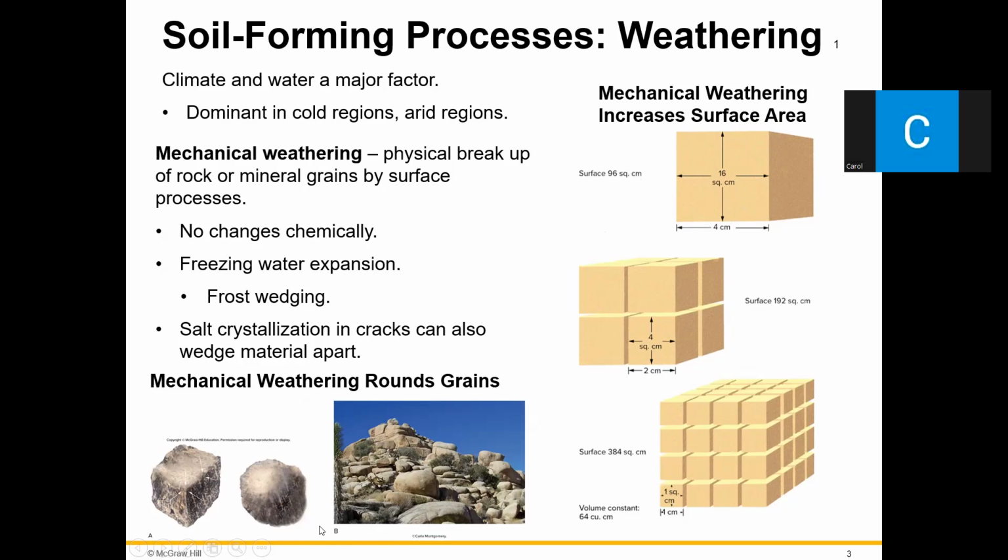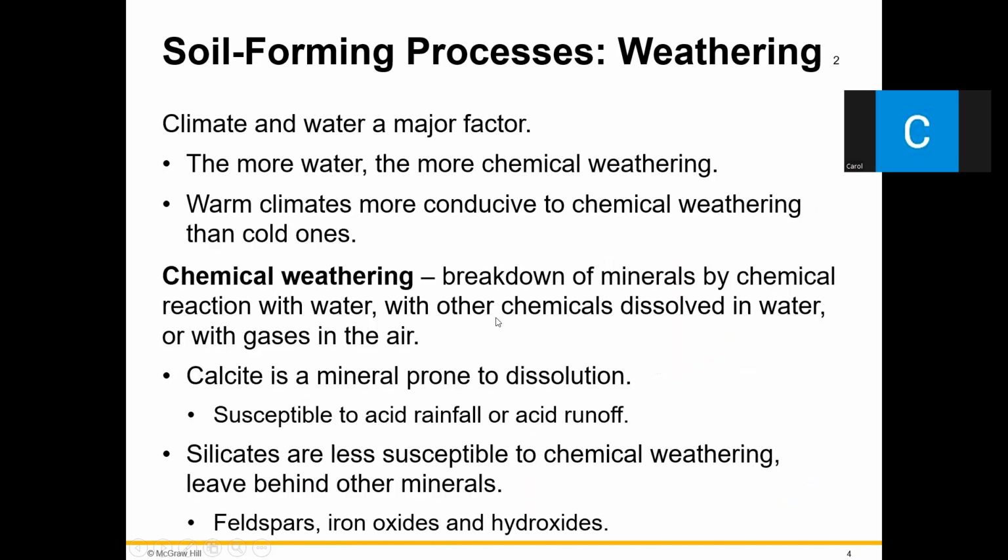Once you get things like frost wedging breaking a large boulder or cliff face up into smaller pieces, your chemical weathering gets in there around the smaller rocks or grains and can start eating at it much quicker. So once it starts breaking up, you start accelerating the rate of weathering.